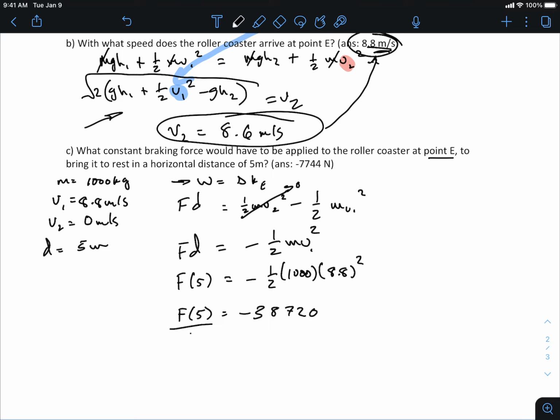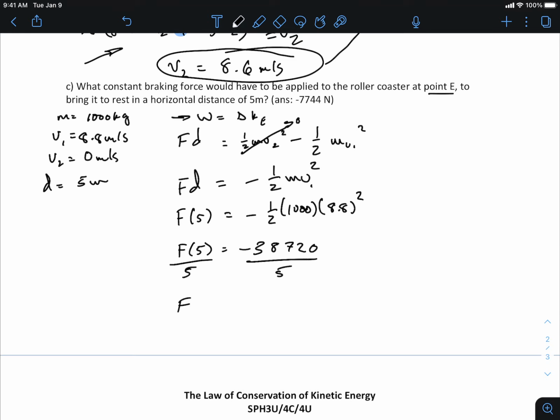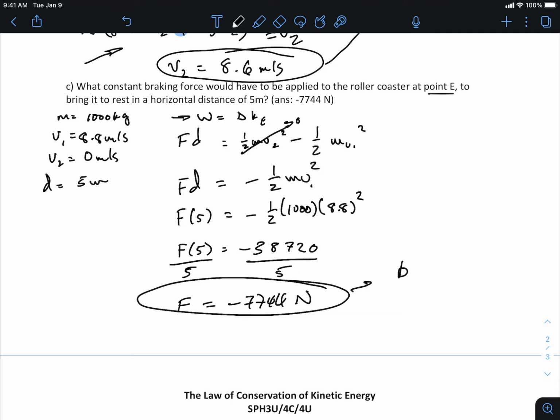And if I divide both sides by 5, we should see, oh, not meters per second, newtons. Force is in newtons. So this is the braking force to stop the coaster.